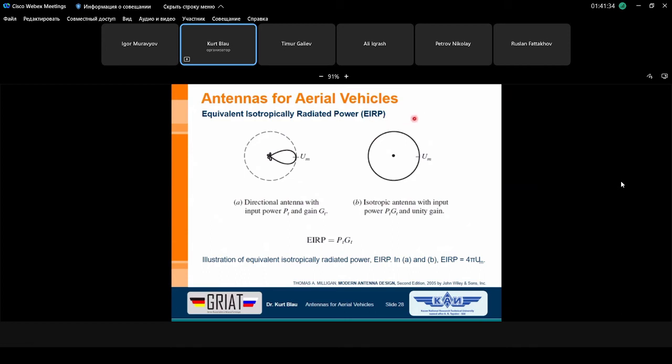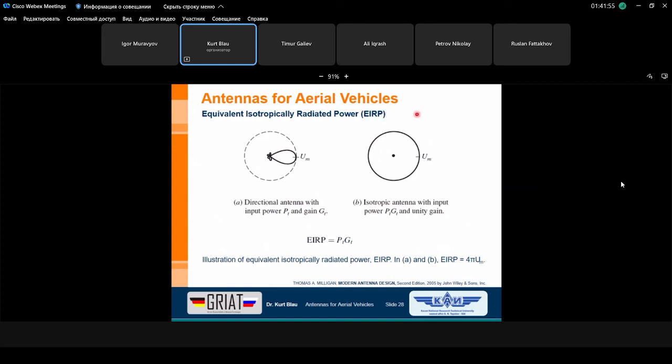What does it mean? The logarithmic scale 20 dBm means in a linear scale 100 milliwatt, and now it's shrunk to 100 milliwatt EIRP.